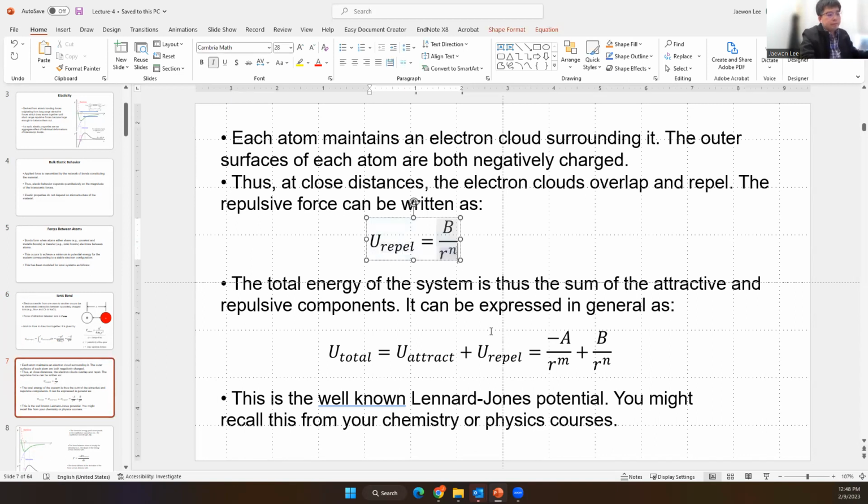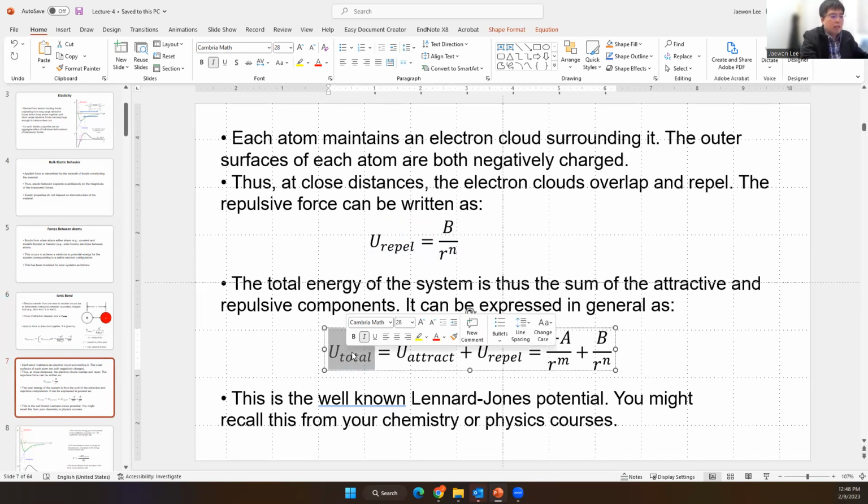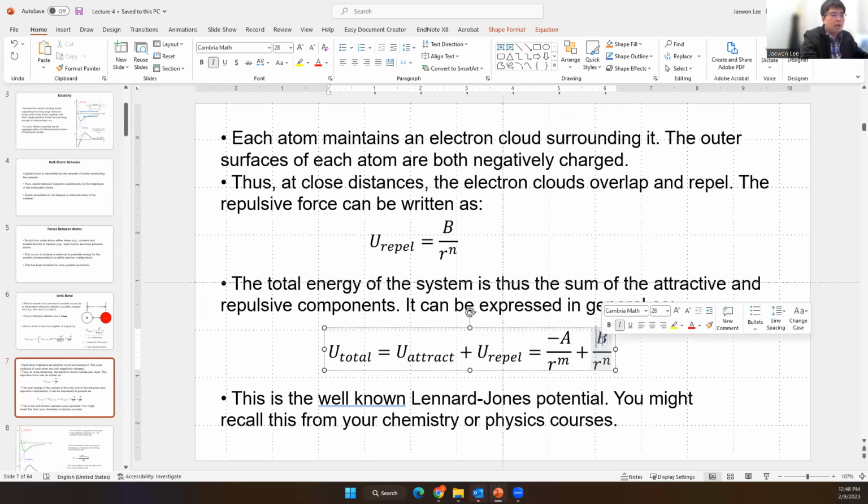So the total energy is determined by the attraction energy and repulsion energy. It is related to the material factors A and B, and this is a distance factor. The distance factor is related to the power M and power N, but it is different.